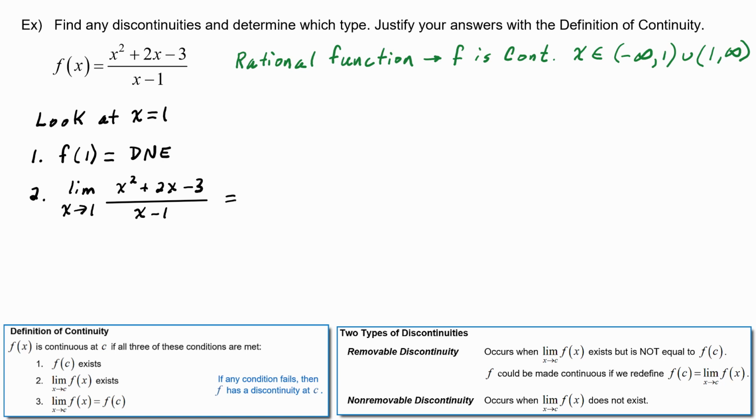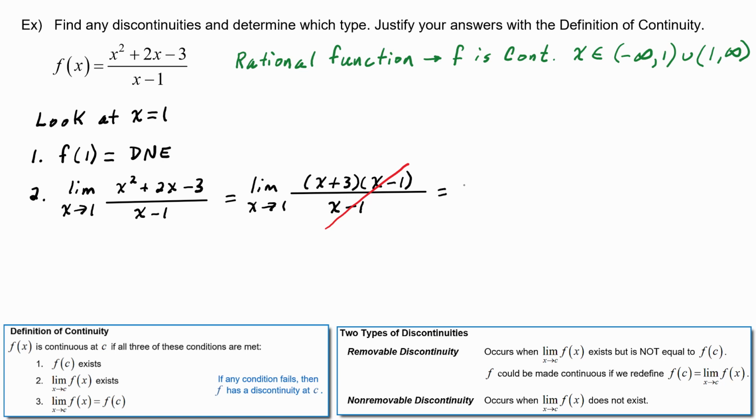So this is equal to the limit as x approaches 1. Let's get our fraction bar. The numerator will factor into x plus 3 times x minus 1. And of course we have x minus 1 in the denominator. Now we can cancel the x minus 1 common factors.